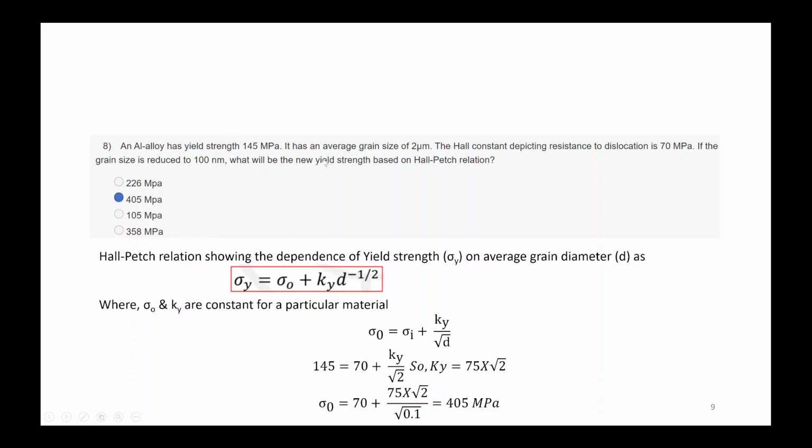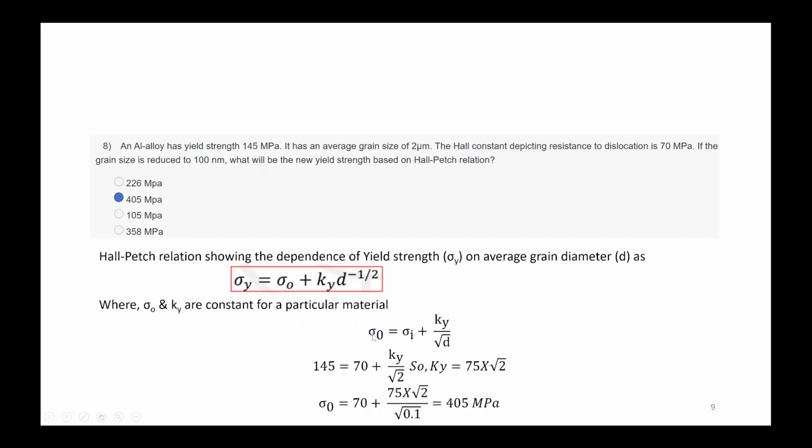So we know that the grain diameter and the yield strength of material have a relation which is the Hall-Petch relationship. So sigma y is your yield strength. It is equal to sigma naught, which is a constant, plus ky, another constant, times d to the power minus half. These are constants, they depend on material.